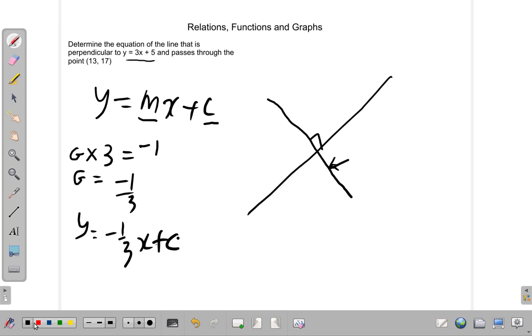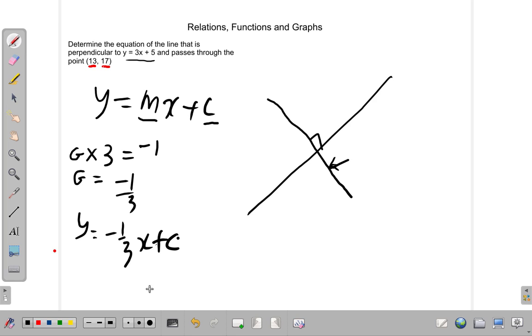Notice that here you have a point where you know the x and you know the y. So use those. At that point, y is 17.